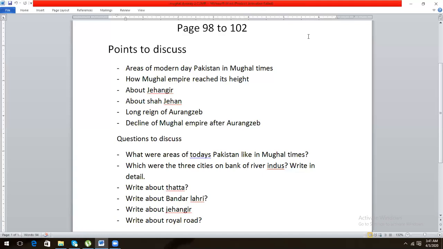When you write about the Royal Road, please read this paragraph, note down all the important points, and write all the details in your answers. It was a very well built road with several baolis. Baolis were wells built alongside the road for drinking water to facilitate the travelers.